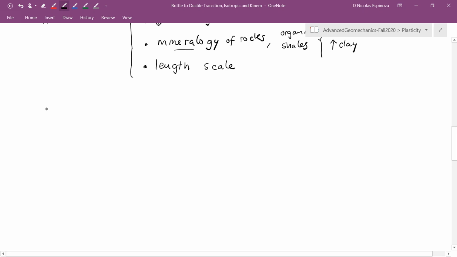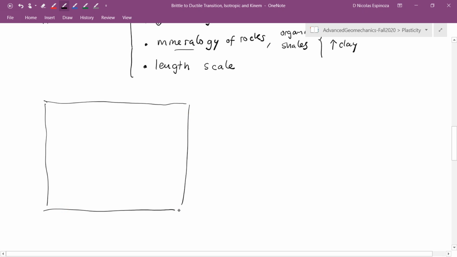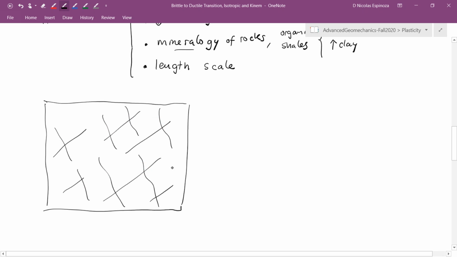Let's imagine that we have a rock mass which is naturally fractured. Almost all rock masses are naturally fractured at some scale, and will exhibit these fractures that may be at a shorter or a longer distance, but almost always we're going to have some of these natural fractures. If not, you may even go to a higher scale and think about faults.